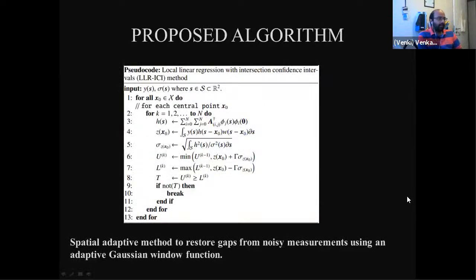Hence, with all these assumptions, we developed an algorithm that uses what we call a local linear regression that also makes use of the intersection of confidence intervals, wherein we take the multivariate data from multiple energies and multiple frequencies, and interpolate the light curves or time series in such a way that the stationarity or non-stationarity is not lost.